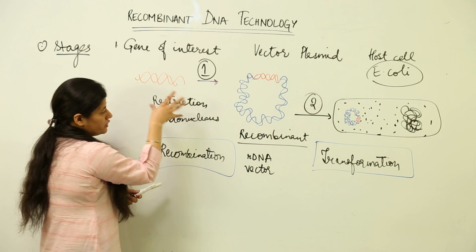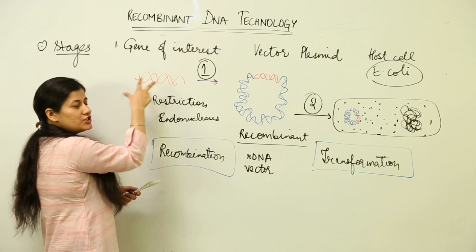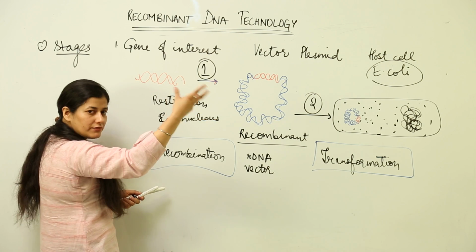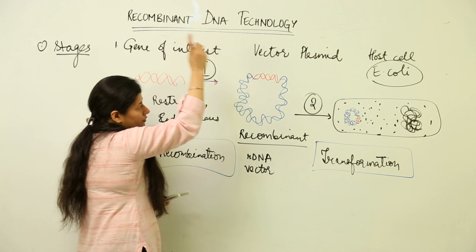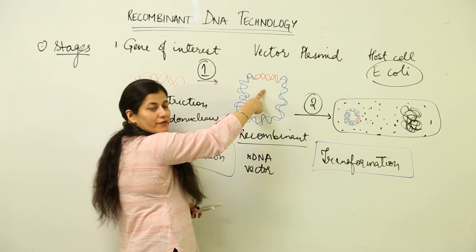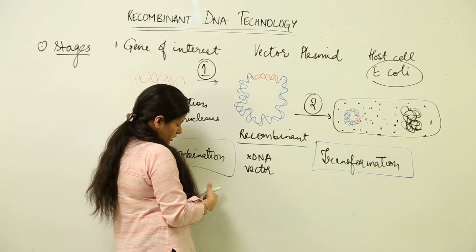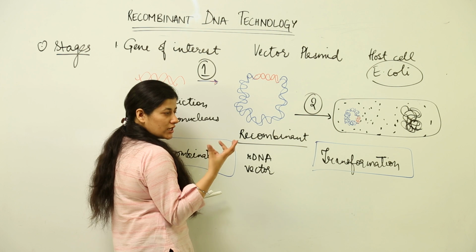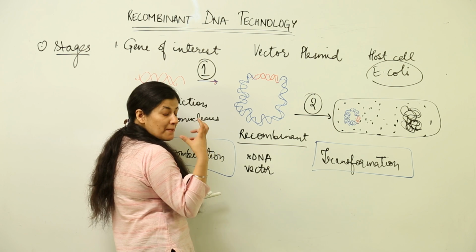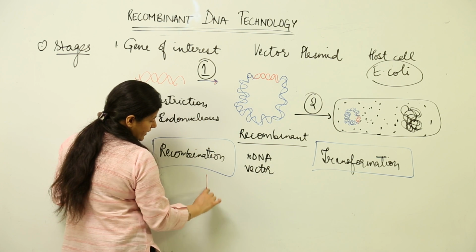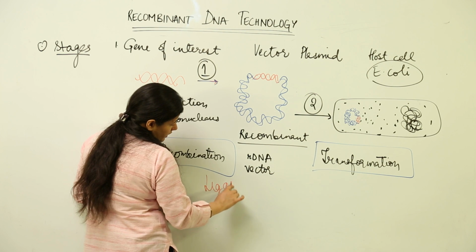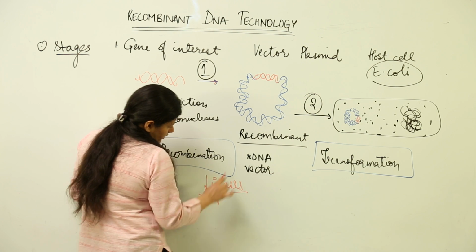In the first step, we use restriction endonucleases, cut the gene of interest from the given genome wherever it is found, then incorporate that gene of interest into the vector using certain enzymes, not digestive, pardon me, they are binding enzymes known as ligases. We have studied about it in genetics.